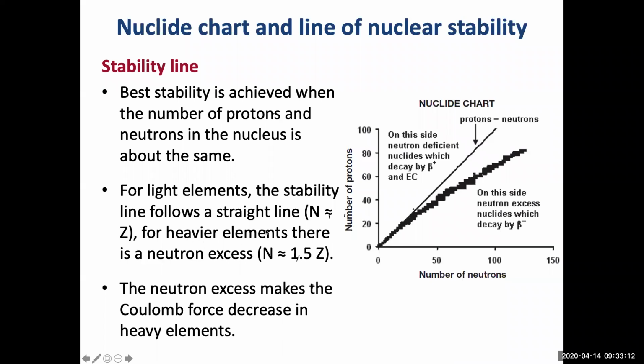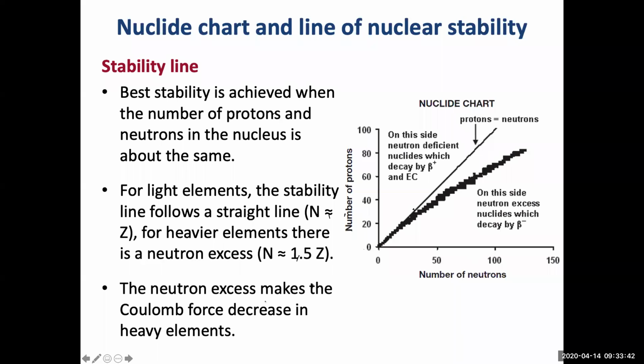For heavier elements, there is a neutron excess. We can see that going to heavier elements, we have N more than Z. If we go to 80 neutrons, we have about 60 or 70 protons. So we have an excess of neutrons for heavier elements, approximately 50% more neutrons than protons.